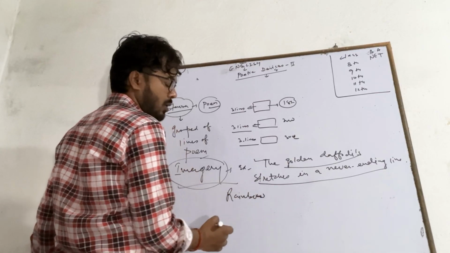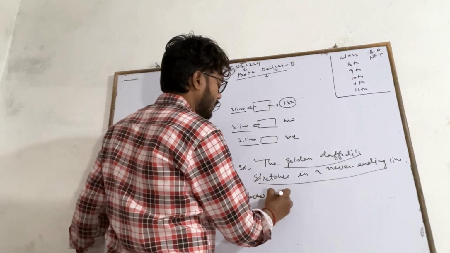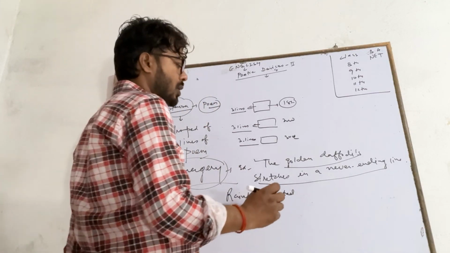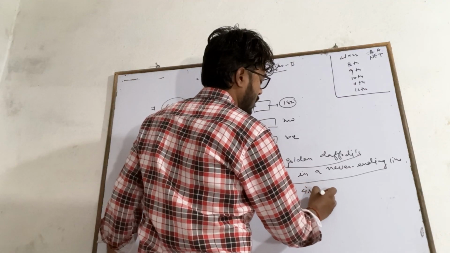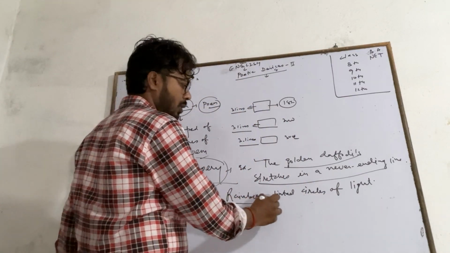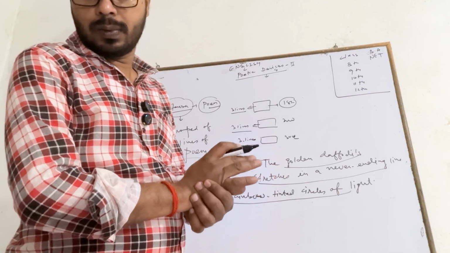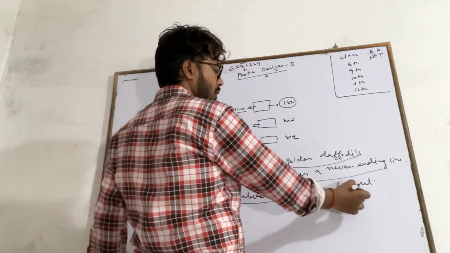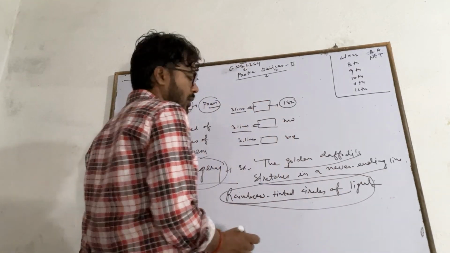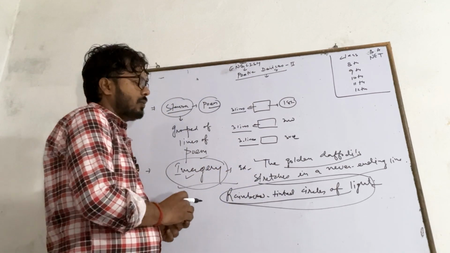Rainbow tinted circles of light. This particular line also makes a sense of image in your mind, and that is called imagery.